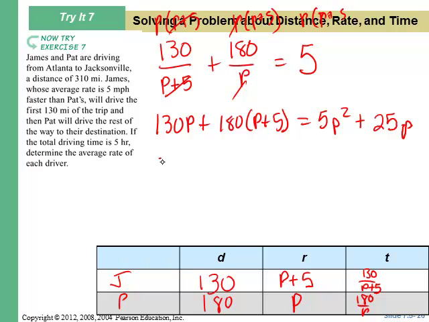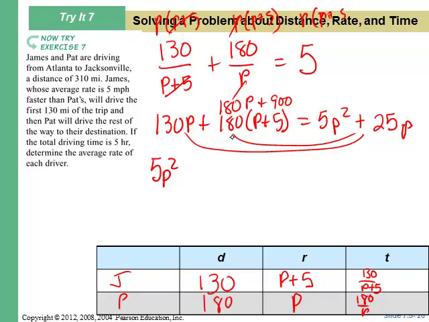Okay, so we have 5P squared, this is 180P plus 900. I'm going to move everything over to that side.